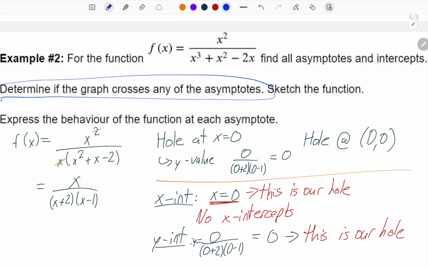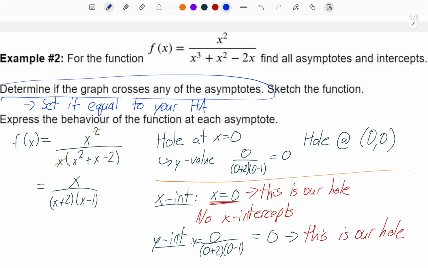If you want to figure out if a graph crosses an asymptote, all you need to do is set it equal to your HA, your horizontal asymptote. But what was our horizontal asymptote? Our horizontal asymptote was 0.